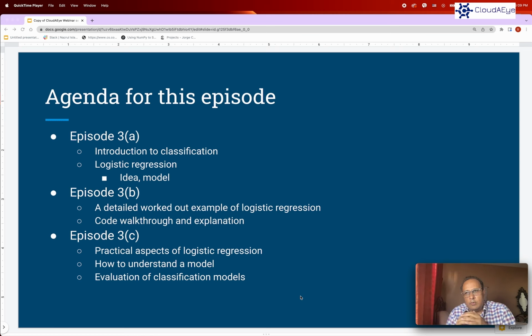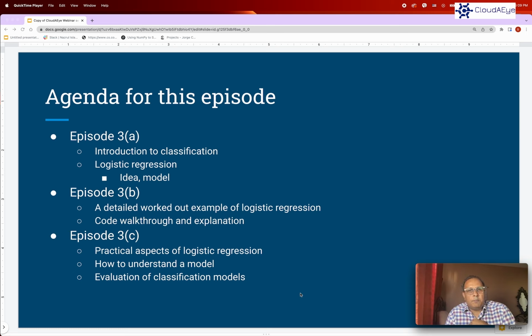How do you interpret the models? What do the different coefficients of the models actually mean? And how do you evaluate this model? Meaning that when you build a model, how do you know that your model is good? Okay, so that's the overall outline for the entire episode 3.